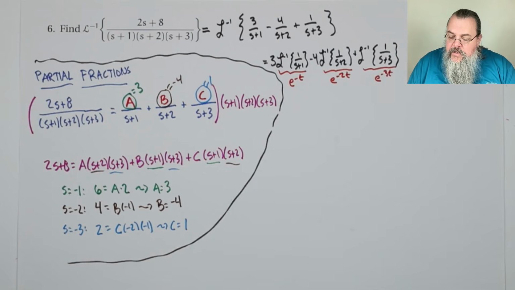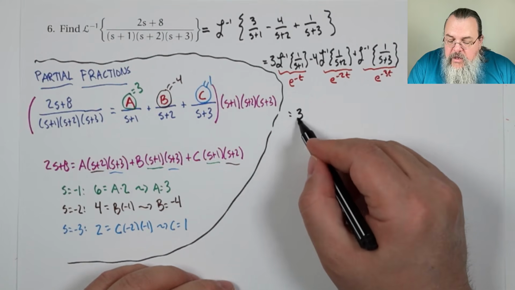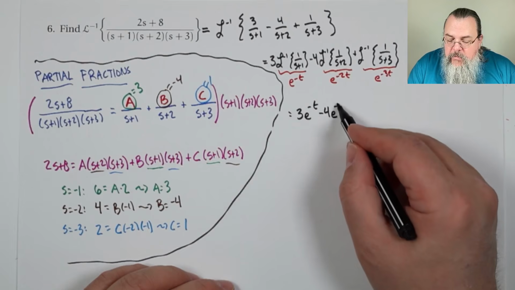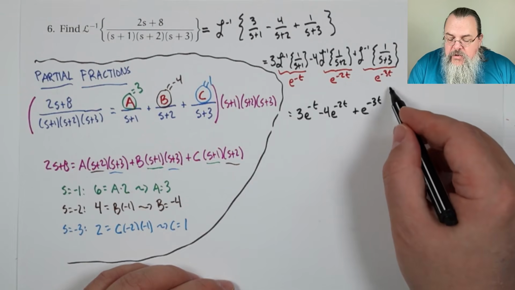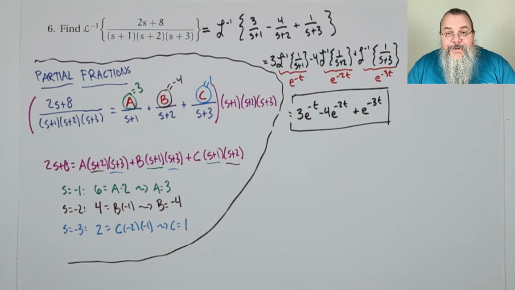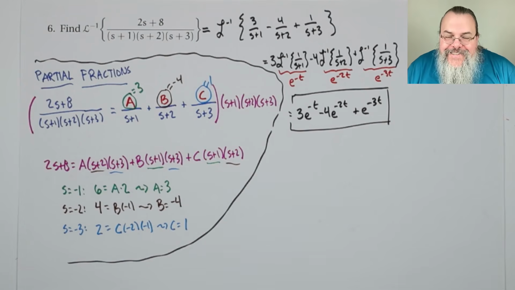Giving us our final answer: 3 e to the minus t minus 4 e to the minus 2t plus e to the minus 3t. And there we go. Life is good. Life is wonderful.